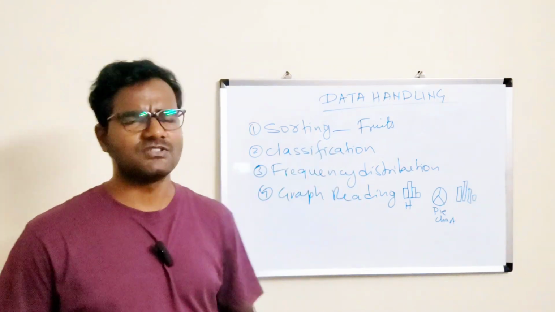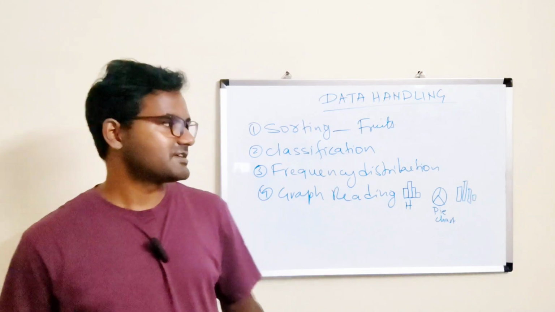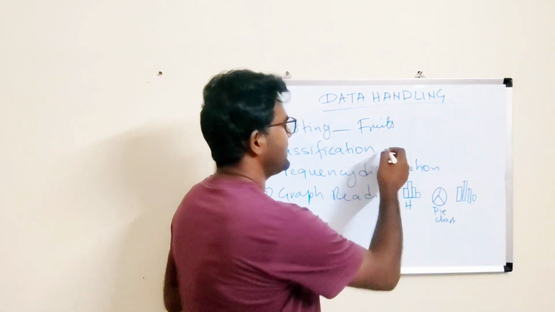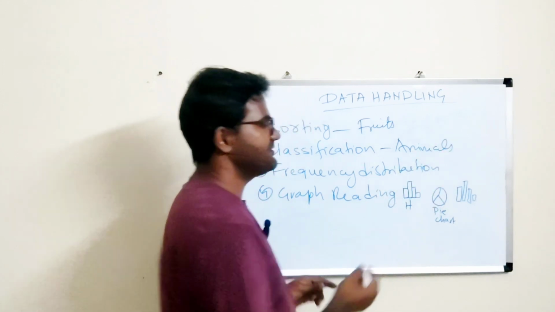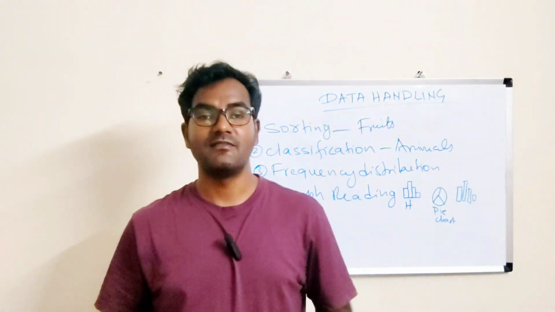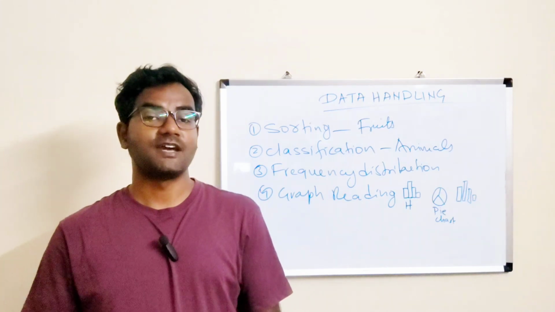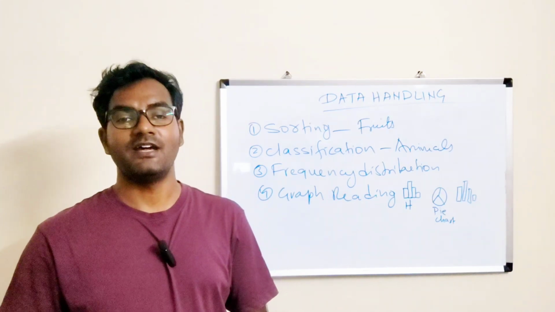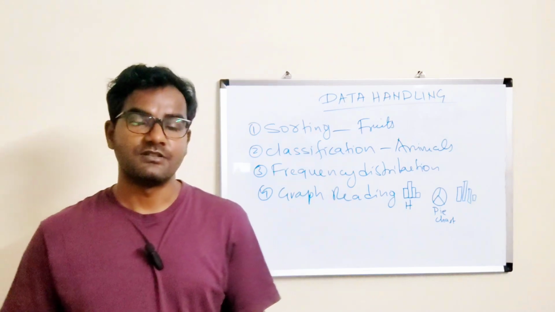Now classification. Classification is very, very easy and simple. For example, if we want to classify animals, like aves, what animals are called aves? Aves are the animals which can fly, the birds: parrot, pigeon, dove.